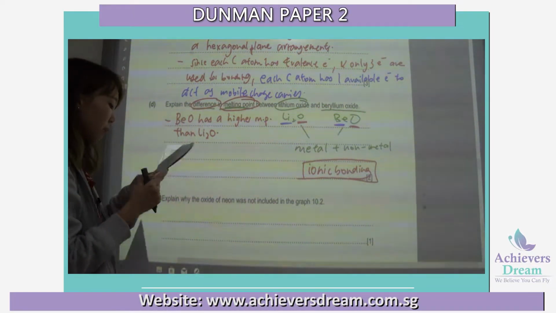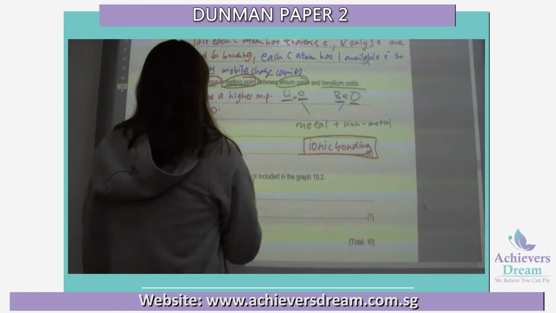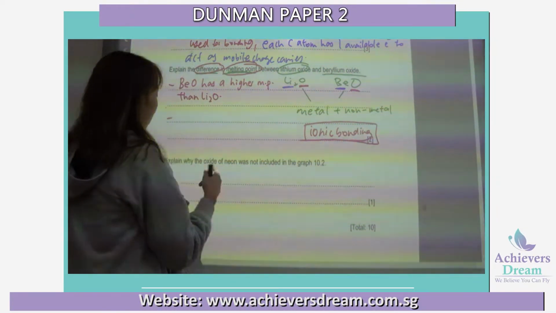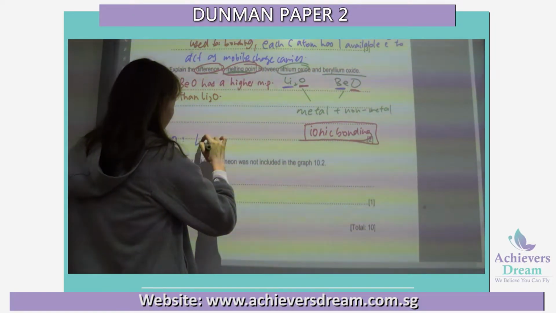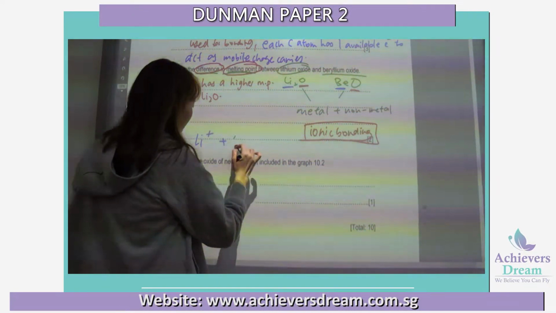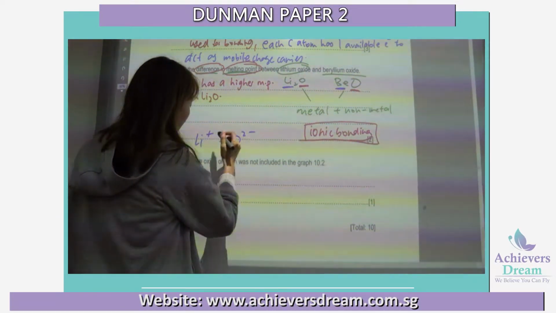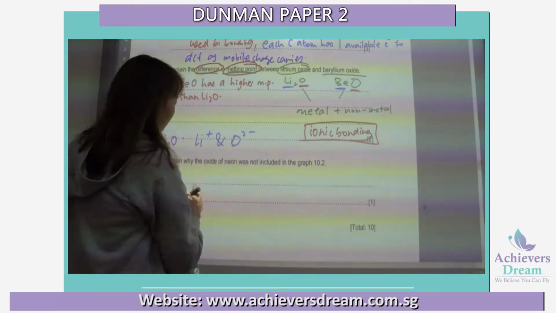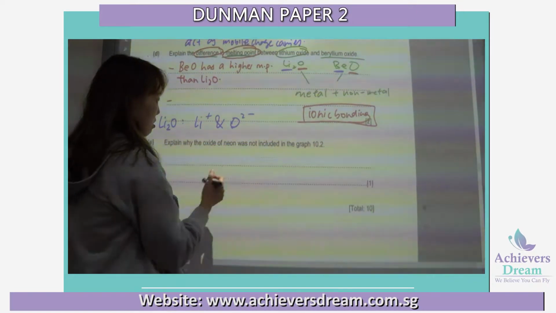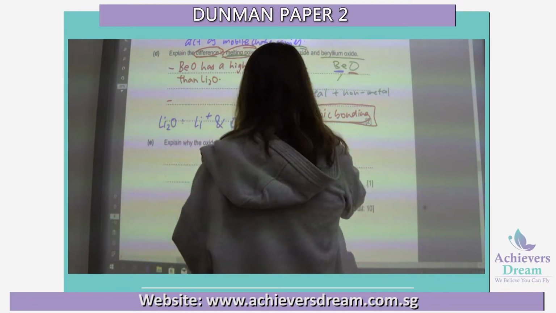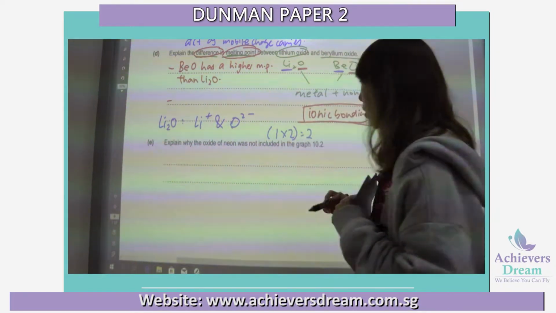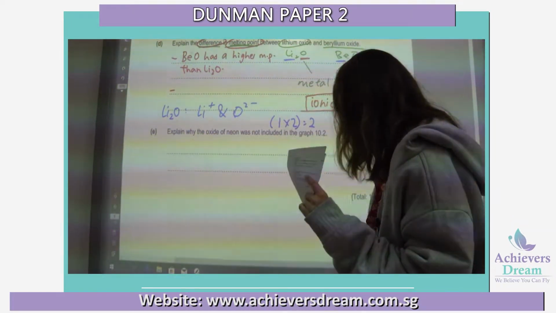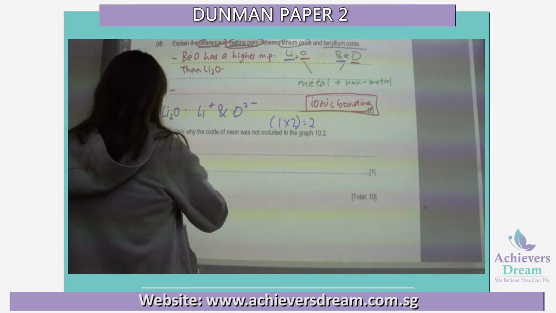So how you explain? Okay, first, lithium oxide is made out of Li+ and O2-. Correct? What is the charge difference? The charge difference, right, is 1 times 2. Okay? So this is the charge difference. Then now let's compare for beryllium oxide.